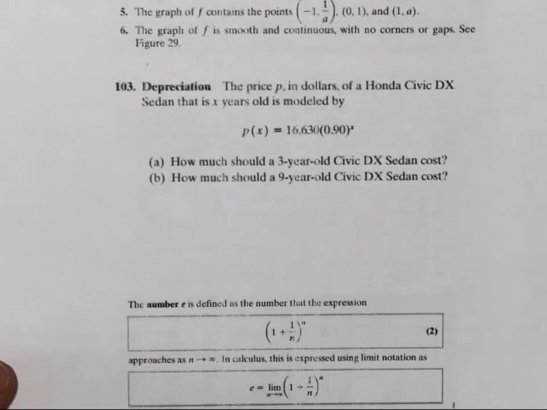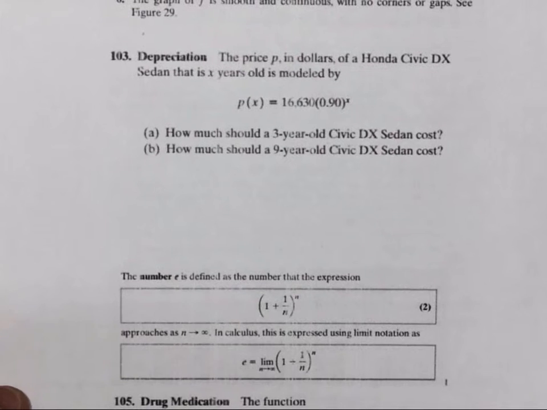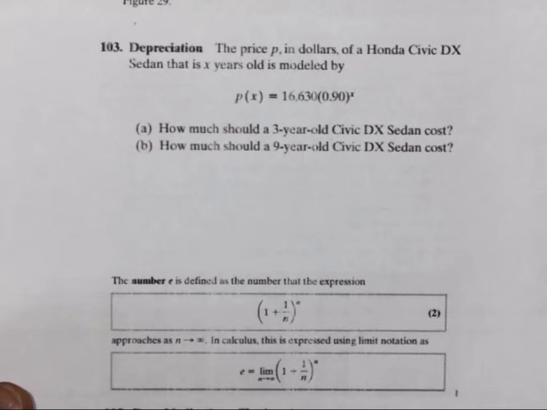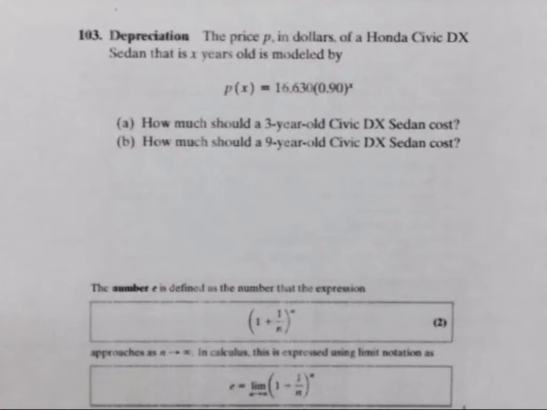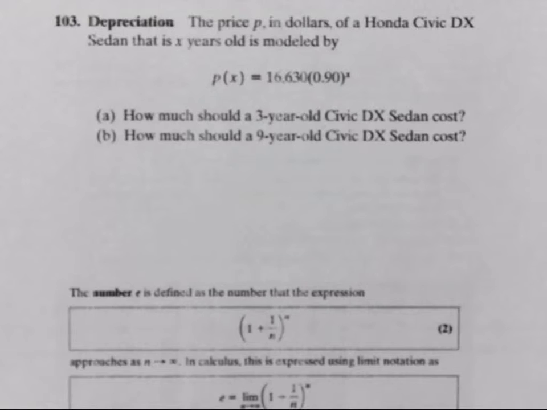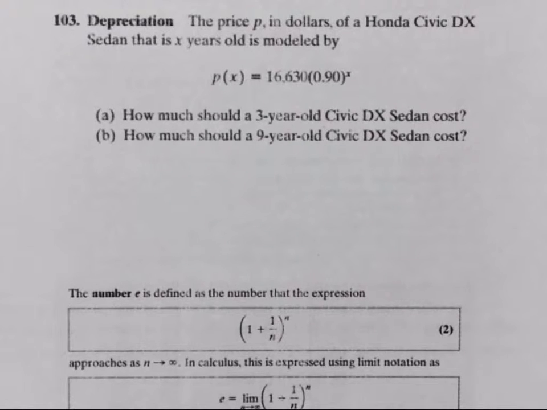Here's another example of exponential decay that we can take a look at. Let's see. So this is depreciation of a vehicle. So if you haven't figured it out already, as soon as you buy a vehicle, it starts to depreciate. Sometimes if they become antiques, they could be worth more money than you paid for them, but that takes a while.